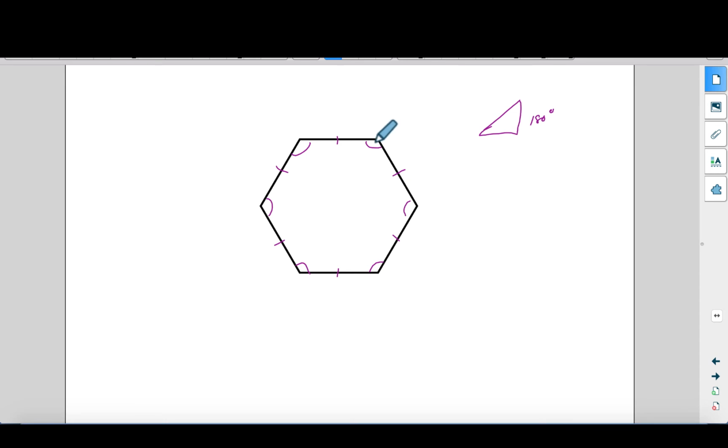It doesn't matter which corner, and basically you're going to skip one apex here, and draw and create triangles. There's a triangle. Now you're going to draw to this one. There's a triangle. You're going to draw to this one. There's a triangle. You can't draw to this one because that's a straight line. So we have 1, 2, 3, 4 triangles.